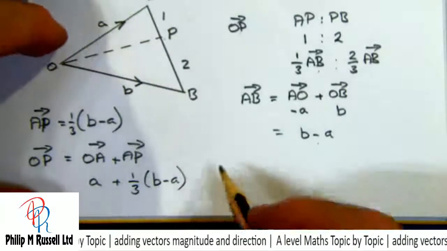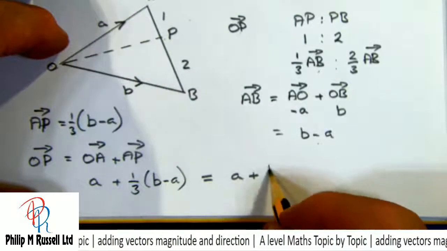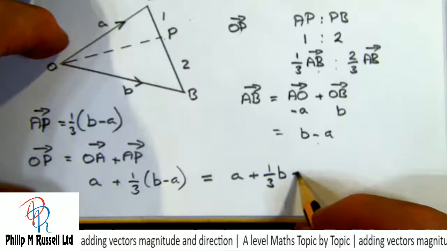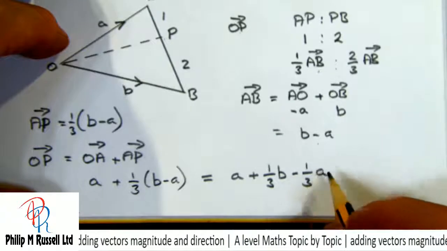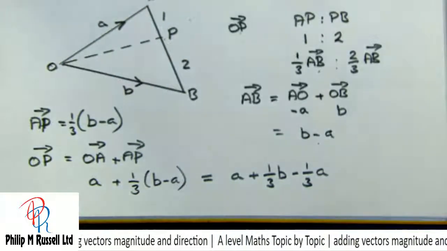I prefer writing these as A plus a third of B minus a third of A. I find this way simpler to control.